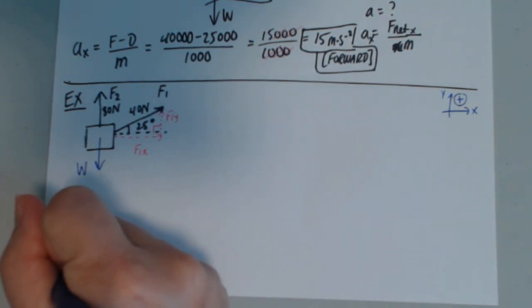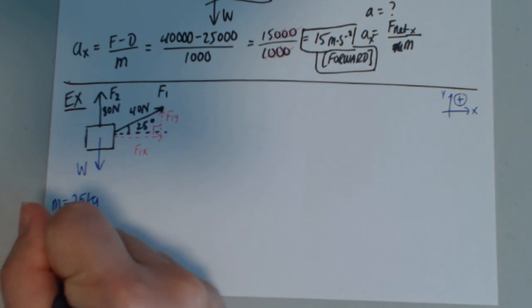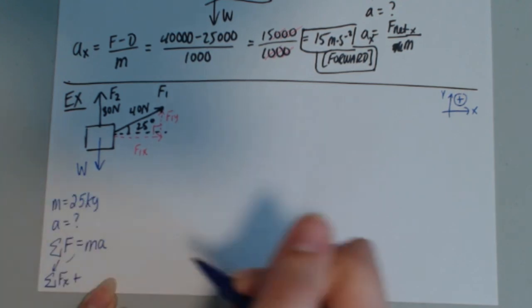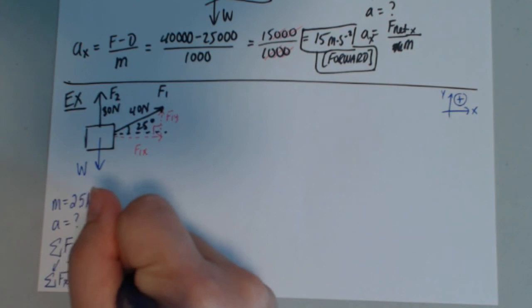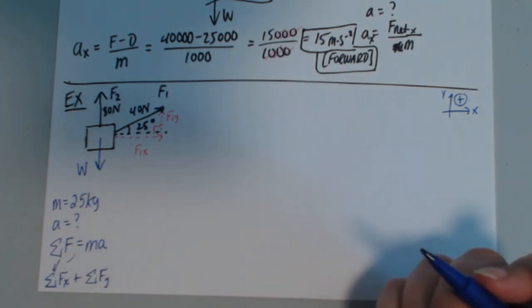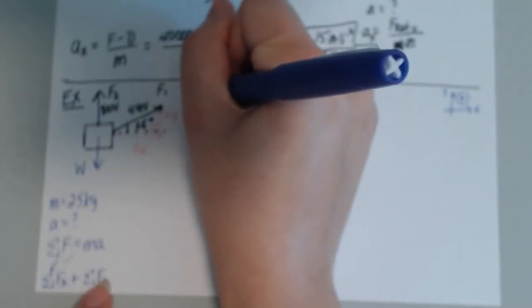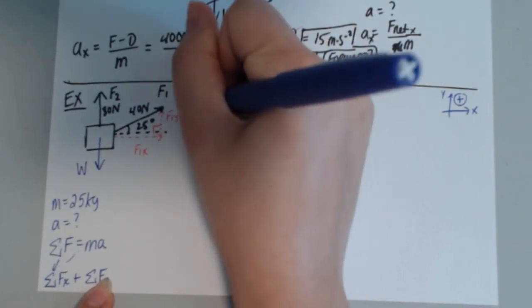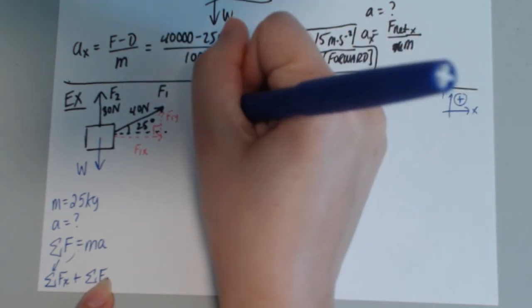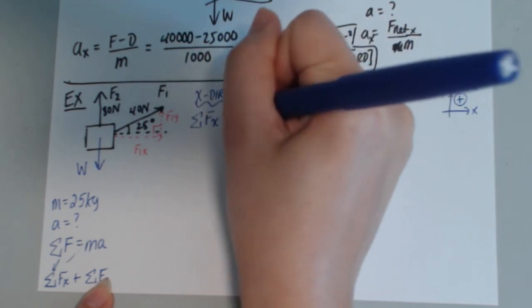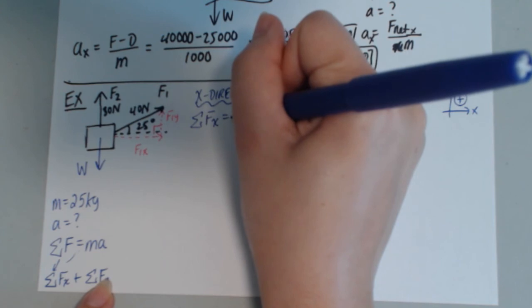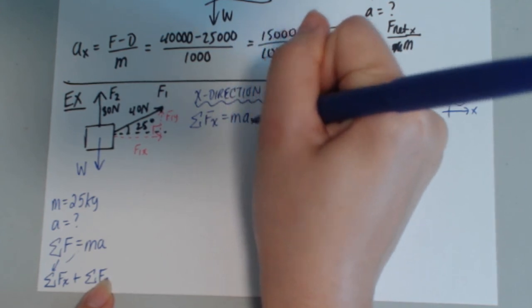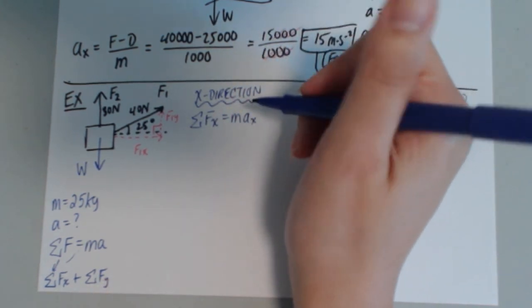So the sum of the forces is a combination of the sum of the forces in the x direction plus the sum of the forces in the y direction. We have to account for both. In the x direction, the sum of the forces in the x is equal to mass times acceleration in the x.